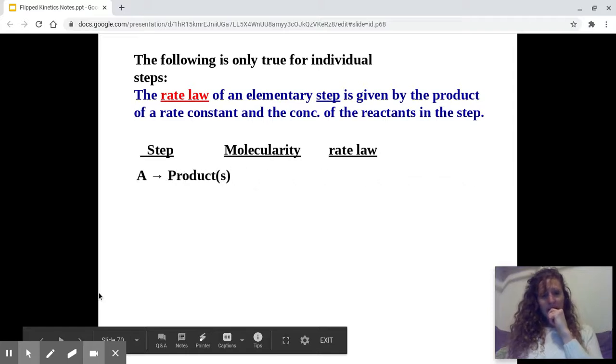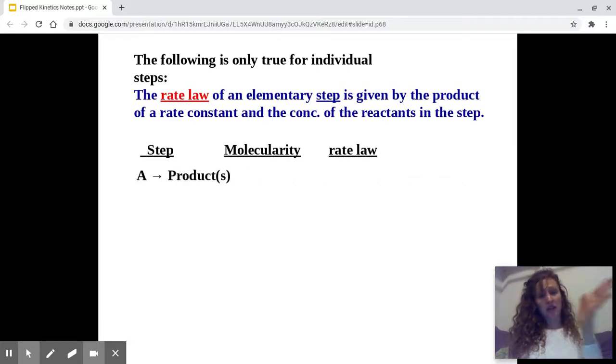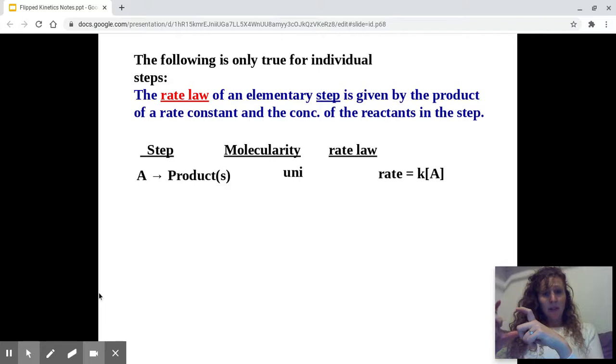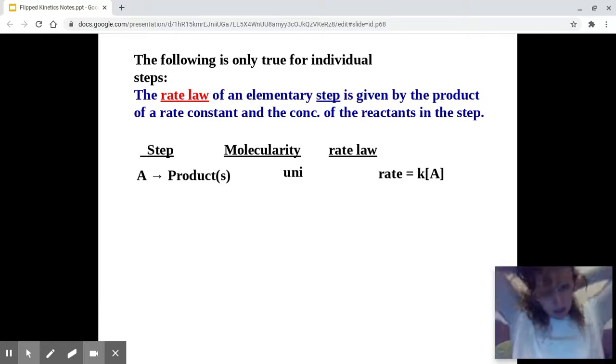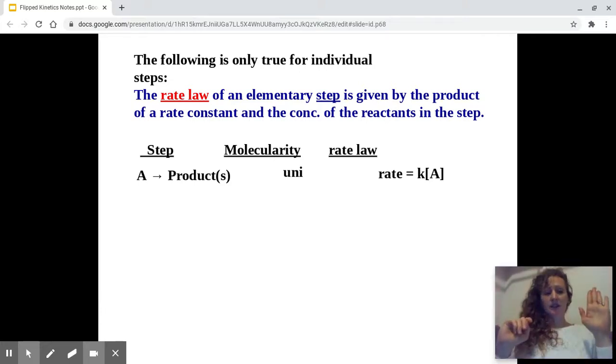Okay, so here's our step, right? We have A going to products. It's a unimolecular step. And so the rate law is just going to be rate equals k always and forever, right? And then you're also going to have that multiplied by the concentration of A. So notice the reactants in the reaction match what you see in the rate law exactly.